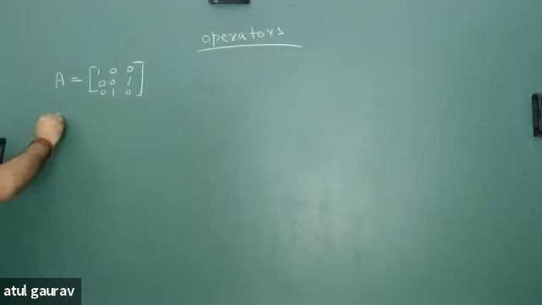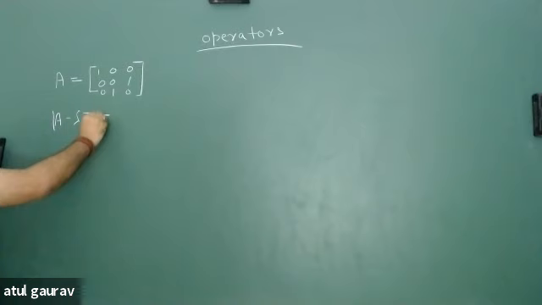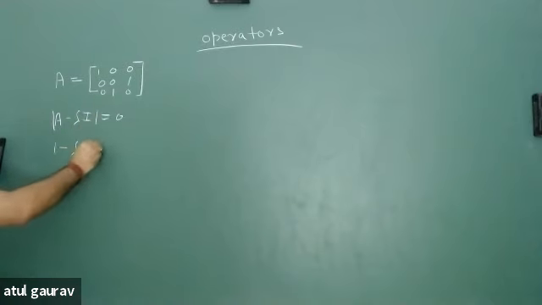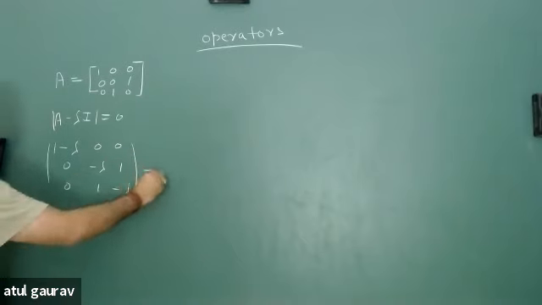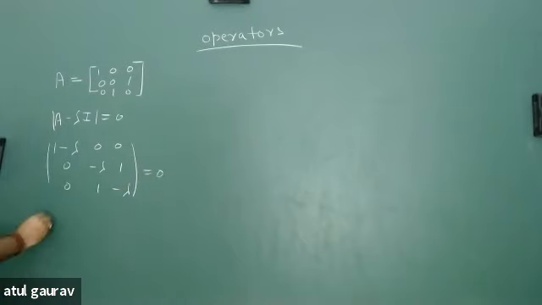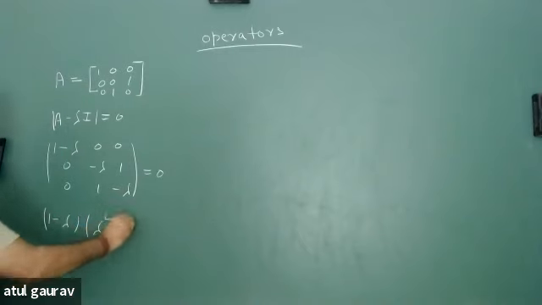So I have to solve the secular equation: the determinant of 1 minus lambda, 0, 0; 0, minus lambda, 1; 0, 1, minus lambda must be equal to 0. And what you have is (1 minus lambda) times (lambda squared minus 1) equal to 0.